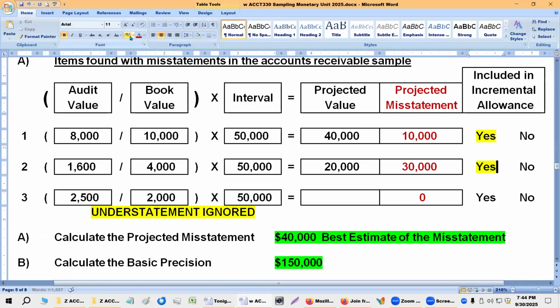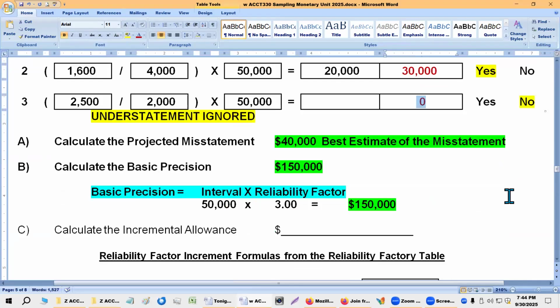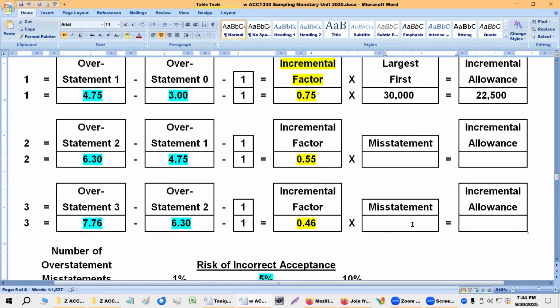This would be yes. These two are both smaller. This one doesn't hit zero. It wouldn't matter anyway, but it's no, because this wasn't misstated. Even if you did, 0 times anything, if you plug that in, it wouldn't be wrong. Put 0 in here, it's not going to matter. No need to put it in.